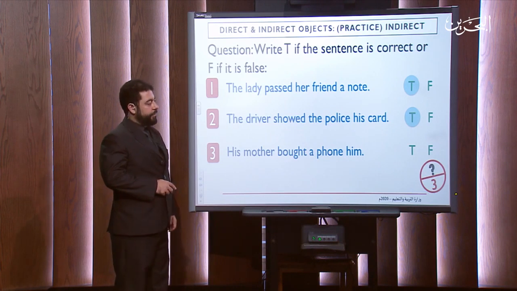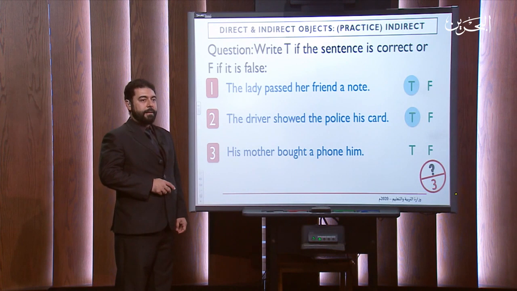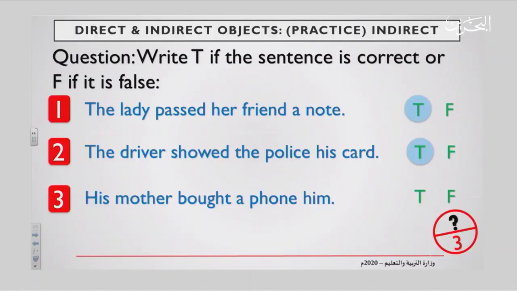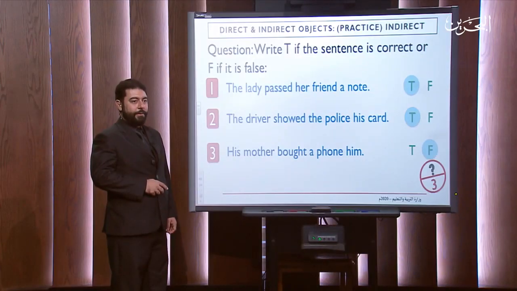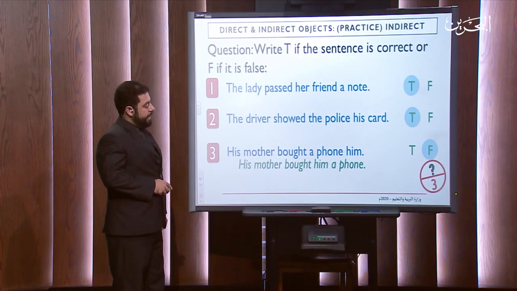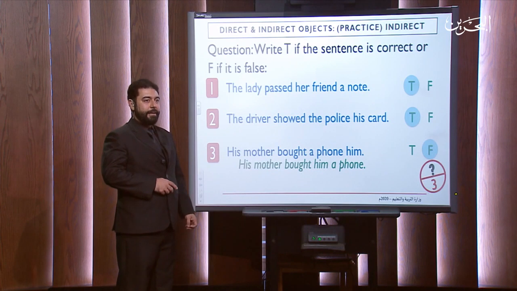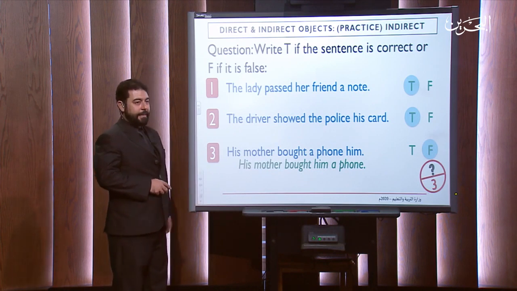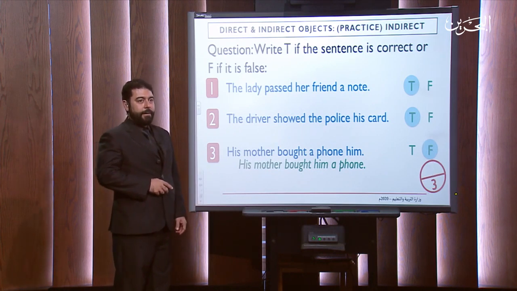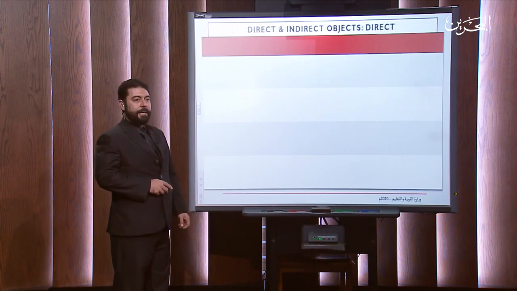If it's true, circle T. If it's false, circle F. 5 seconds. Let's check. It is false. And the right answer should be, his mother bought him a phone. You cannot switch direct and indirect objects like the example. Now, give yourself a mark of 3 and let's carry on.